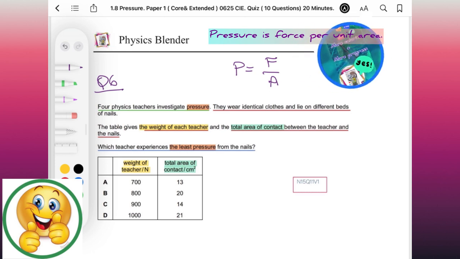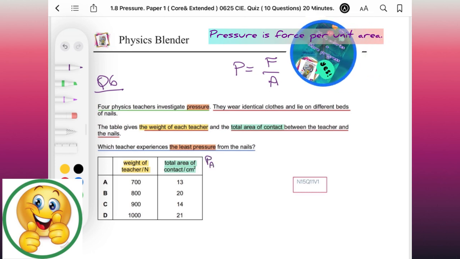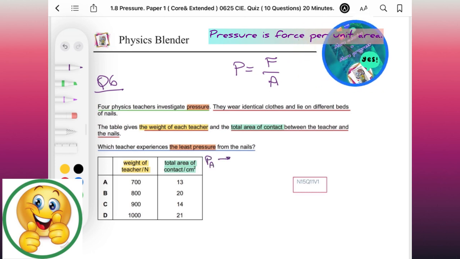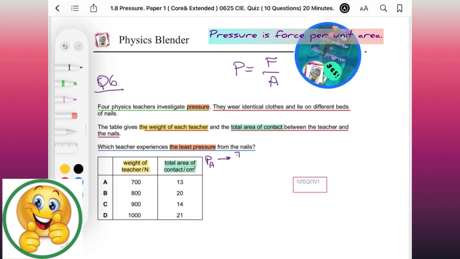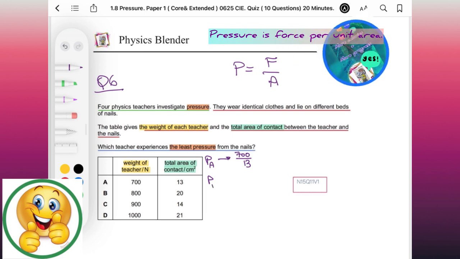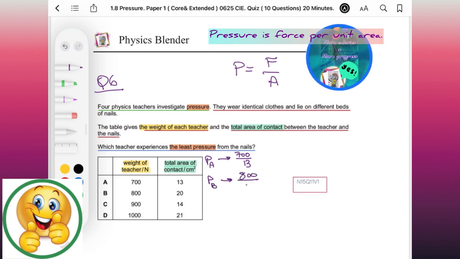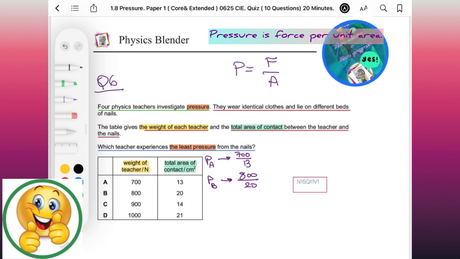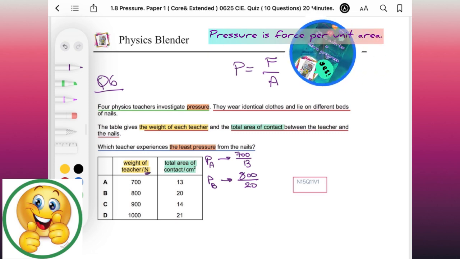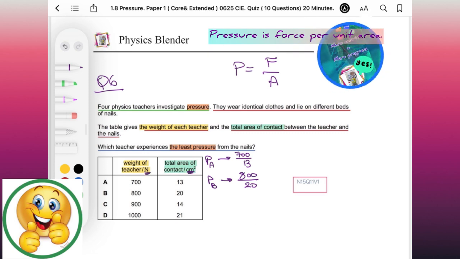Here, pressure in the case of teacher A: 700 divided by 13. Pressure in case B: 800 divided by 20. Although you have the weight in Newton and the total area in square centimeters, it's okay.